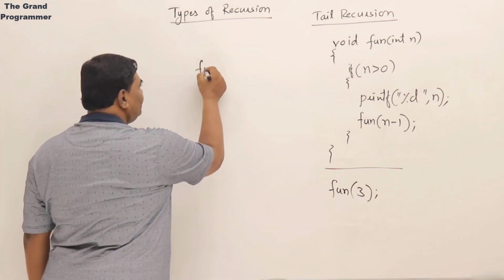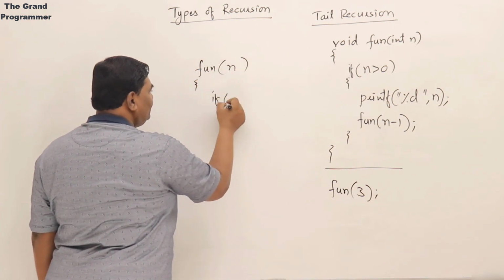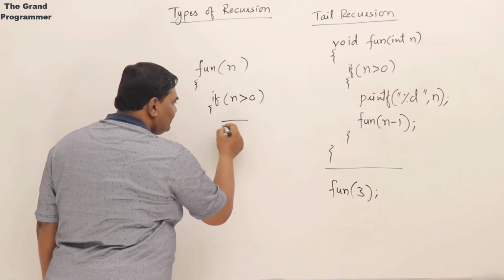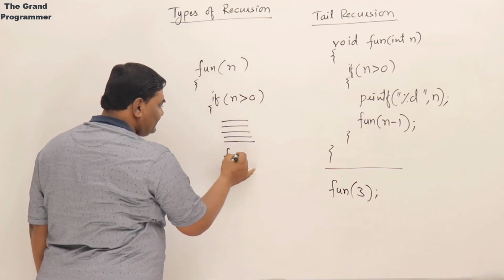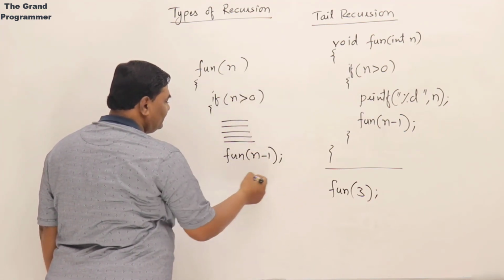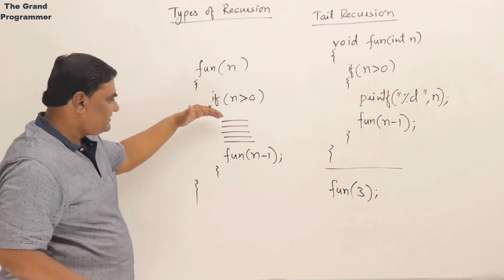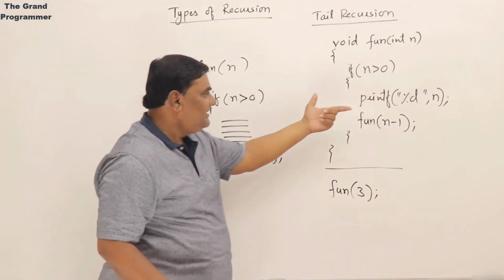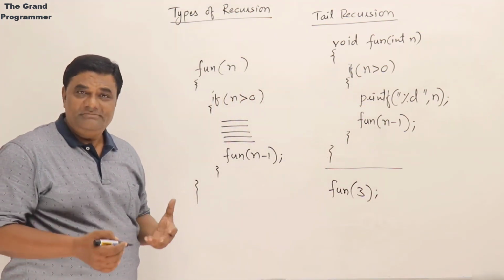For example, this is fun and taking some parameter n, and if n is greater than 0, there are some statements inside, then the last thing is it is calling itself by a reduced value of n. See, what all it has to do, it is performing first, then it is calling itself. So in this example, I have just written printf, but there may be a lot of things a function may be doing.